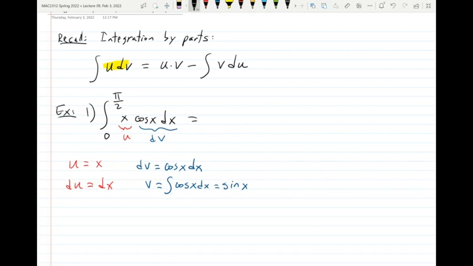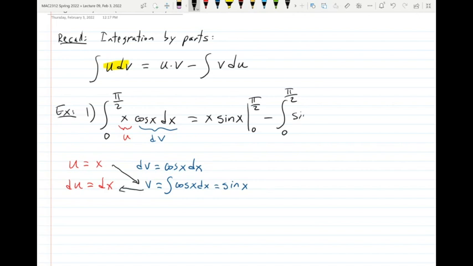All right, so now we use the formula. So the formula says that this equals u times v. So u times v, so that's x times sine of x. Now this is a definite integral, so you have to evaluate. Okay? Minus the integral, you put your limits, of v du.